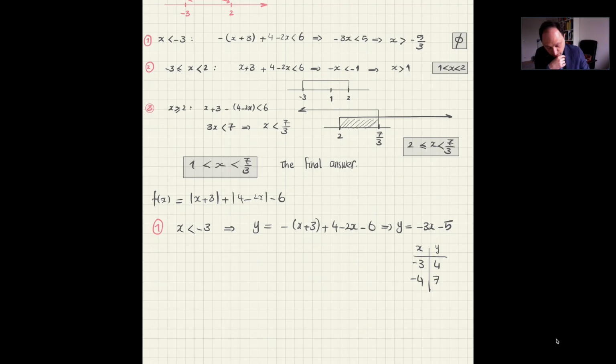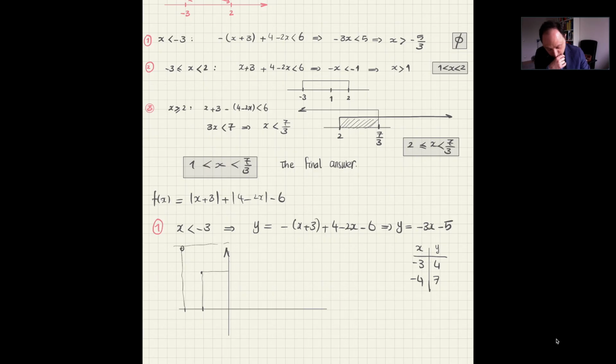So you draw a graph with x at minus 3 and y at 4, and the other point at minus 4 and 7. Something like this.